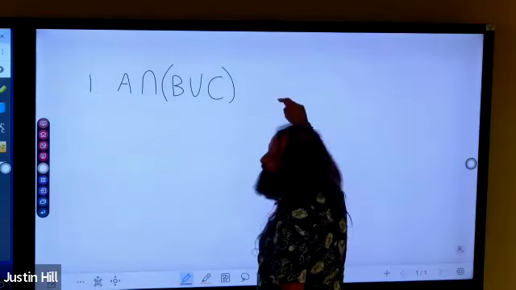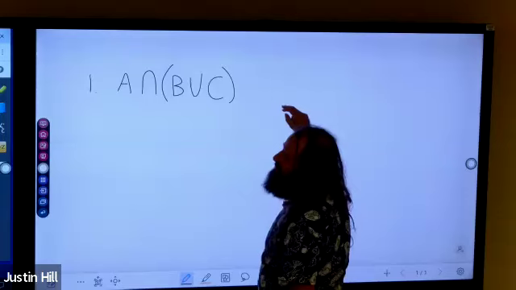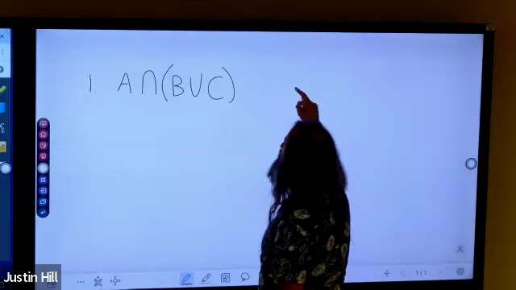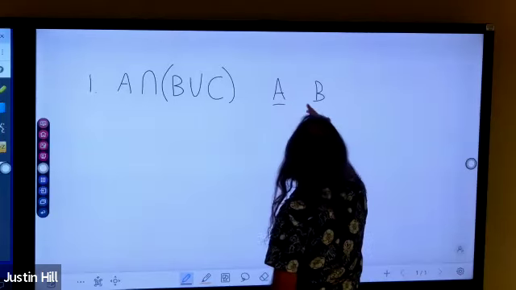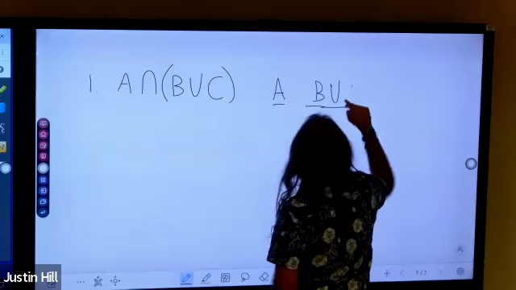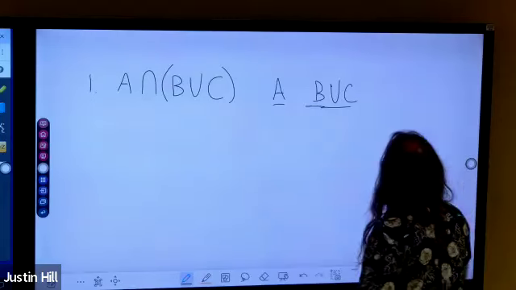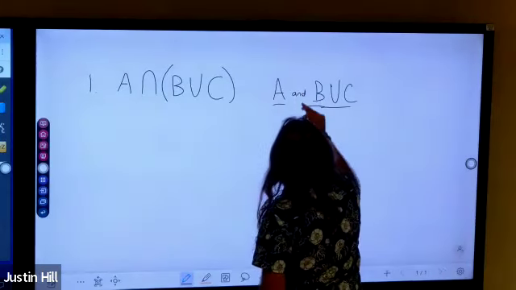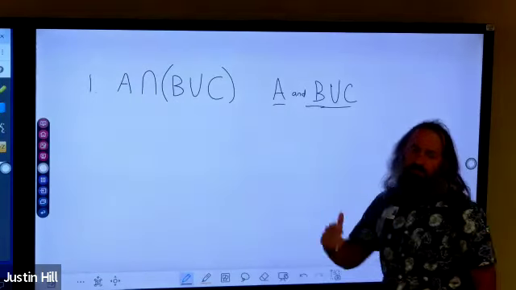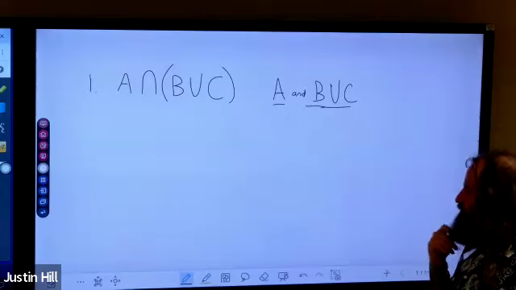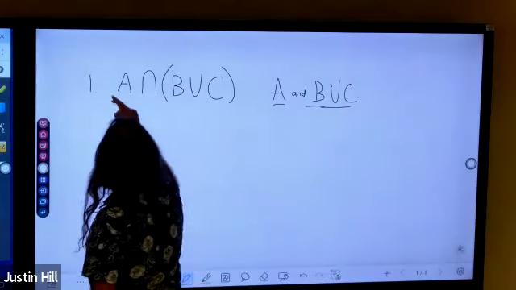So what you would have said here is that to say an element is in A intersect B union C means that it's in A and it's in B union C. But the key there is the and. In general, an intersection means and, it's in both of those sets.